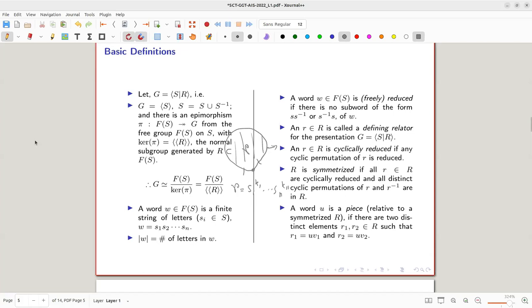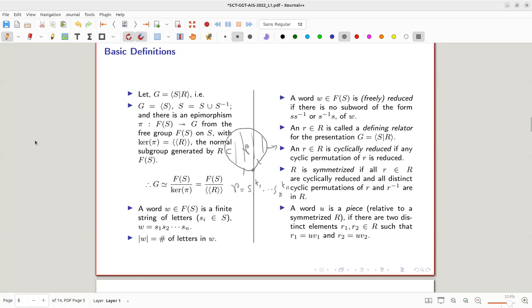So a word U is called a piece. A word in these generating elements is called a piece relative to this symmetrized collection R if there are two distinct elements in that collection, R1 and R2, with U figuring in both. These elements R1 and R2 are not necessarily distinct, but the words V1 and V2 must be distinct.